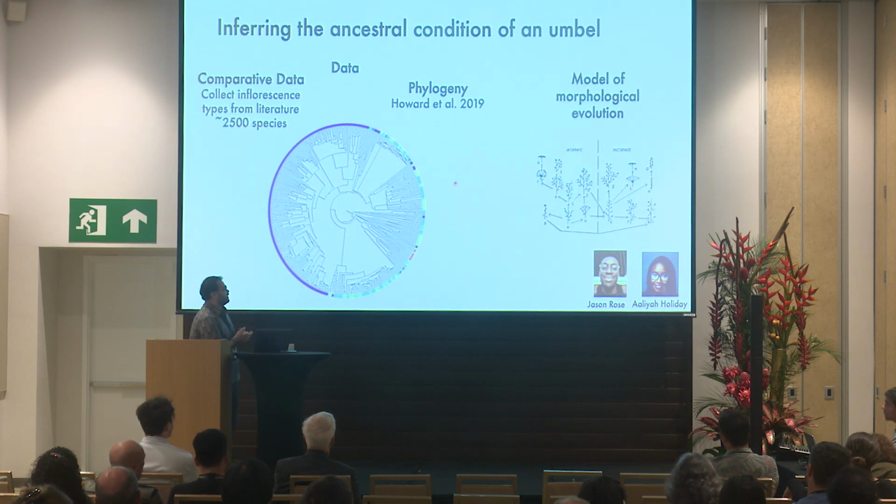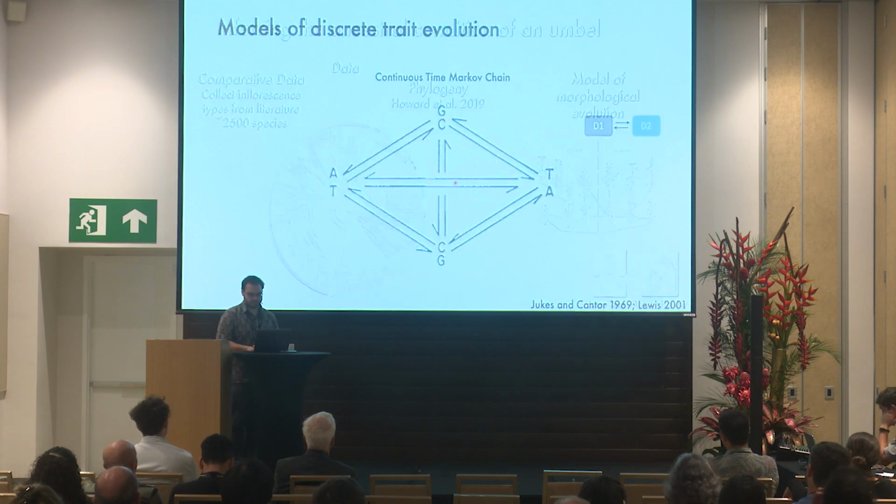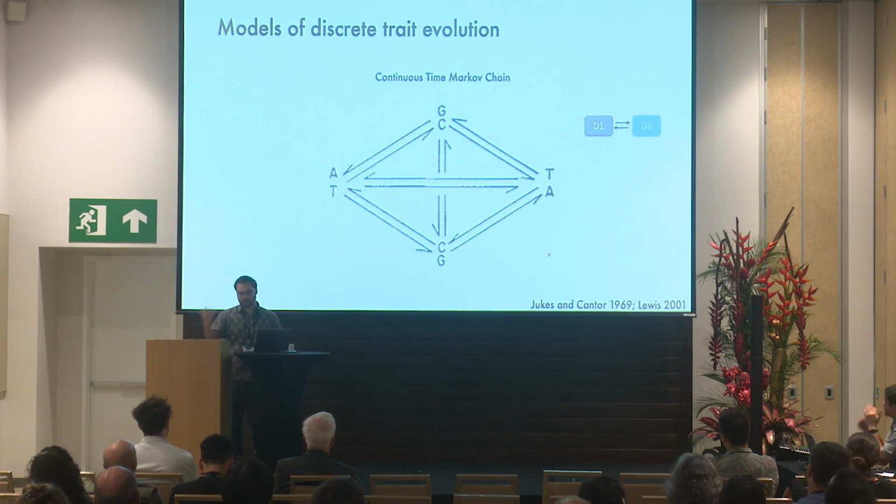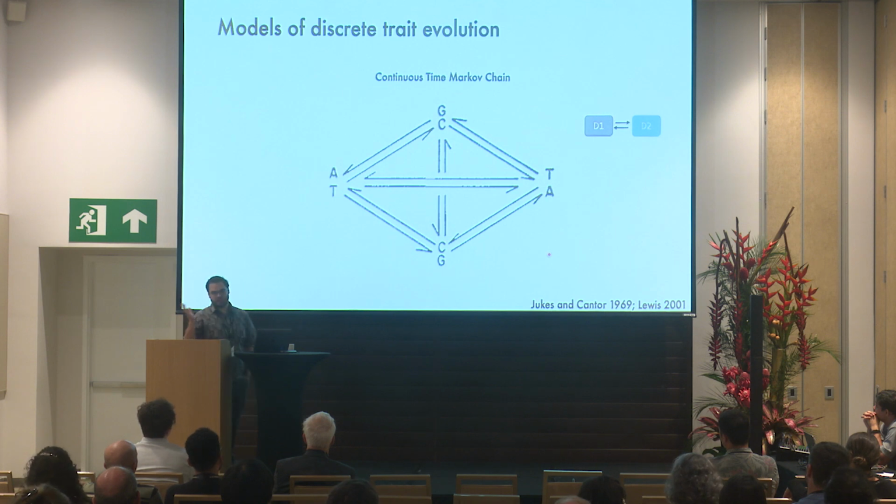And then the last part, we need a model of morphological evolution. I want to spend a little bit of time talking about this. For discrete characters, if anyone's ever done phylogenetic comparative methods, the models of discrete characters are all based off these continuous-time Markov chains. These were originally developed to study the substitutions of nucleotides, and the modern-day understanding of phylogenetics is based off of this model.